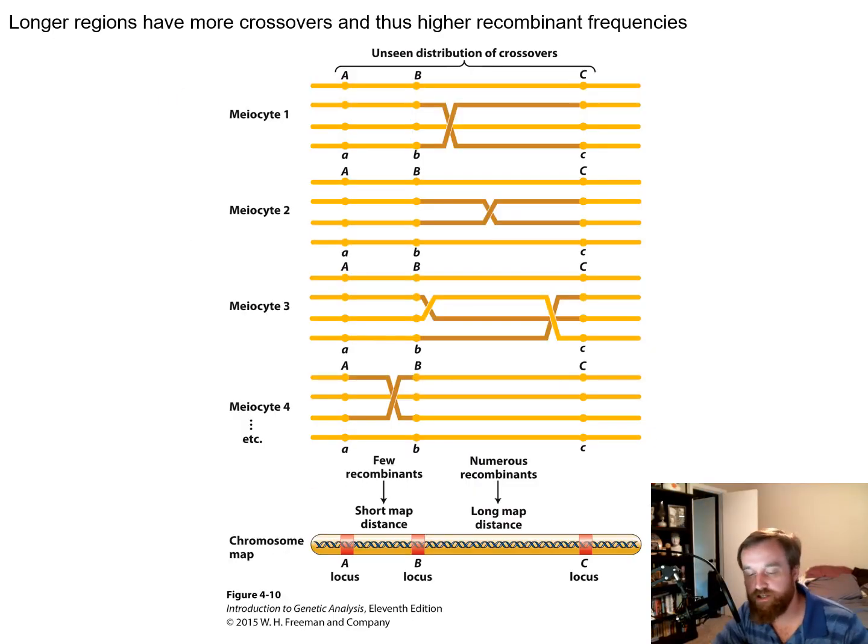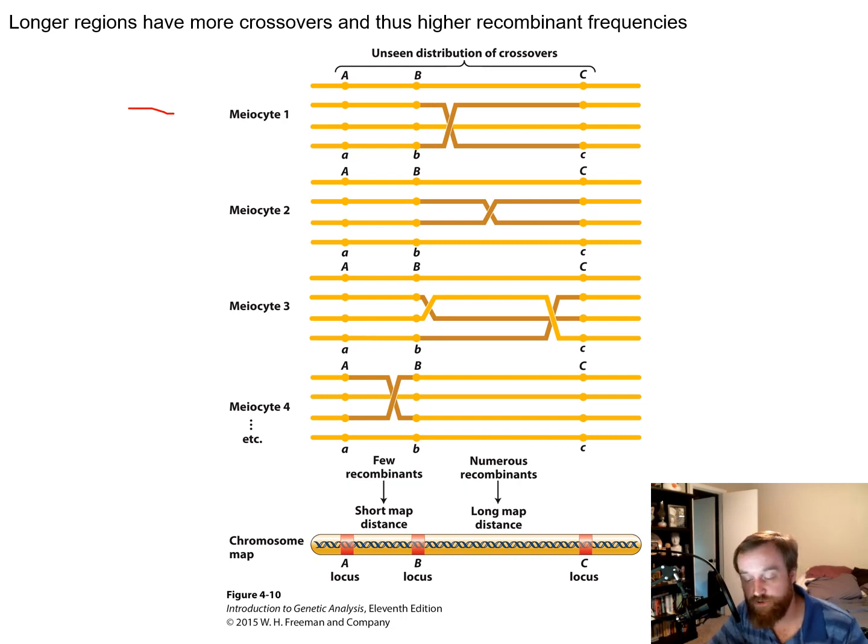One trait that is important to remember with recombination is that if we're looking at 2 genes, the further apart they are, the more likely we are to have a recombination event occur between these 2 genes. So in this picture here, we have 4 different examples of recombination events.